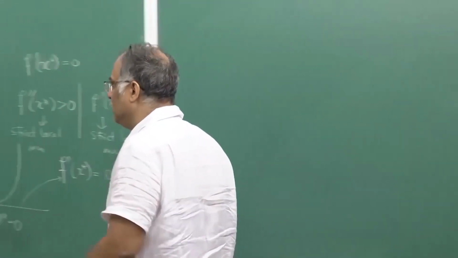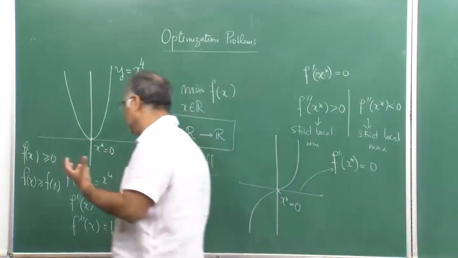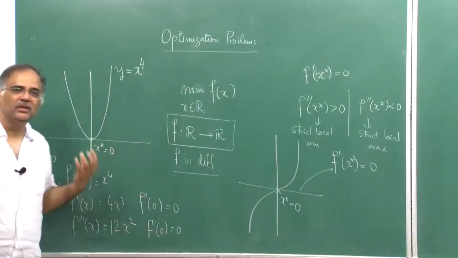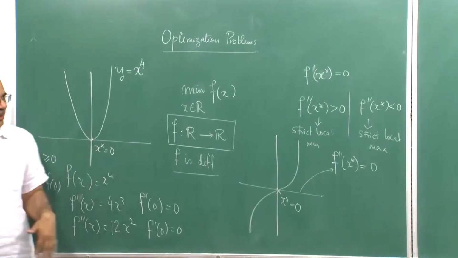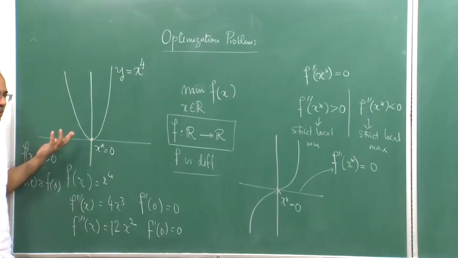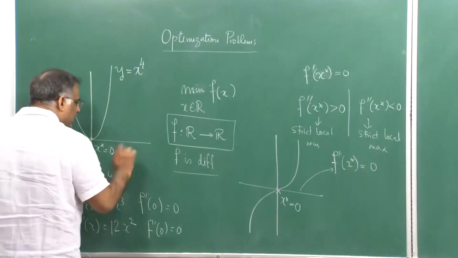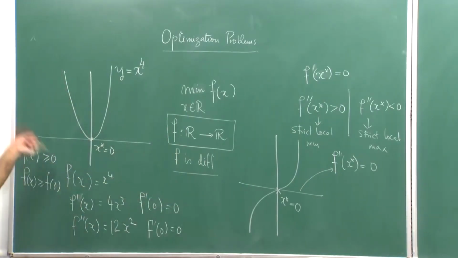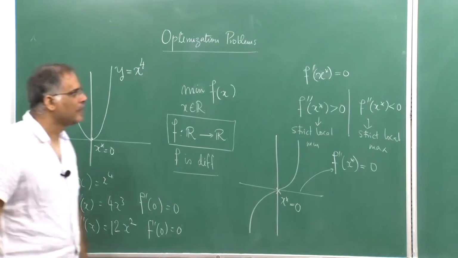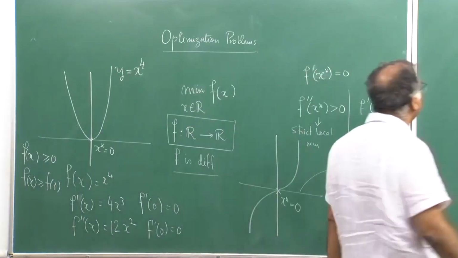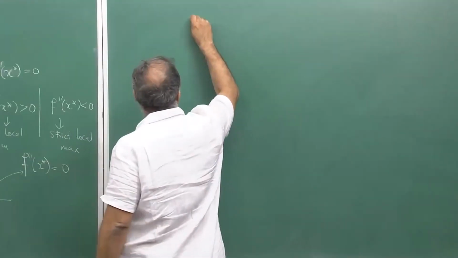And what is that property? What is that property that will tell me that, okay, your second order information has failed, but maybe there is some additional property which I can attach with f dash x star equal to 0, which will tell me immediately that x star is the solution? Such property of a function is called convexity.